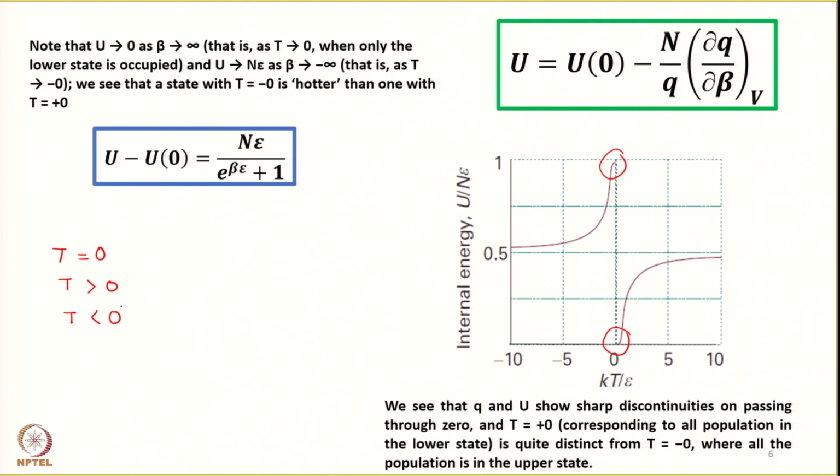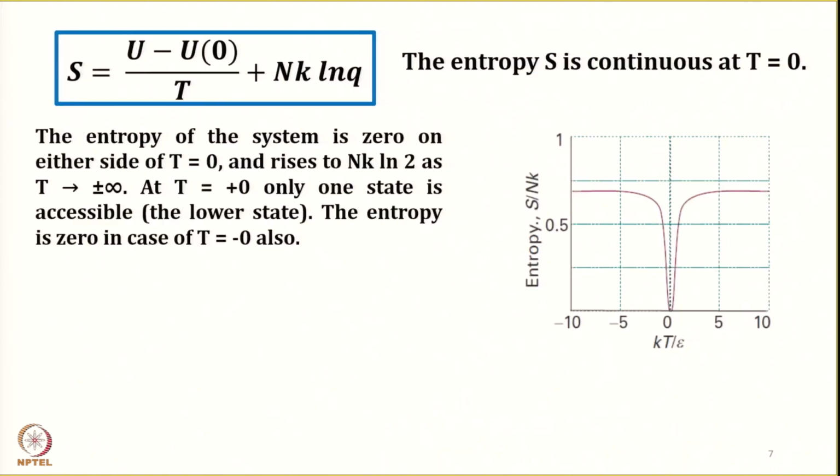But when T is negative and approaching minus 0, the system is much hotter than the one at T equal to plus 0. Are these discontinuities carried over when we talk about entropy?